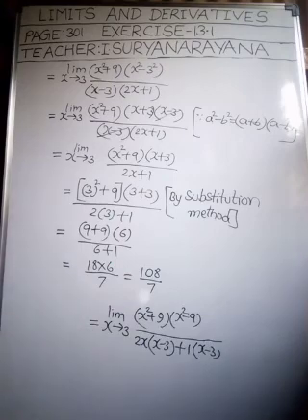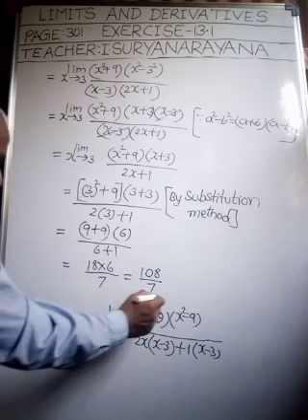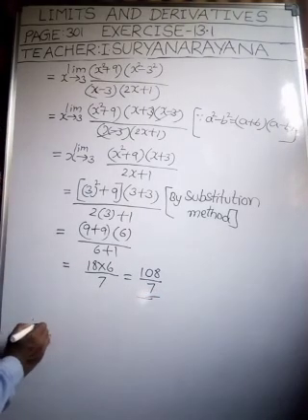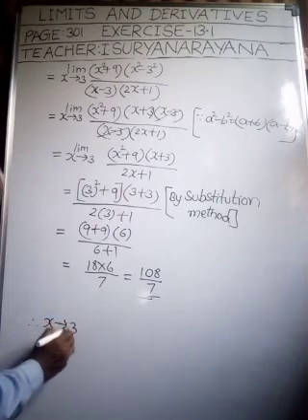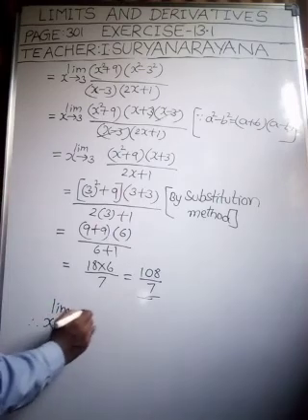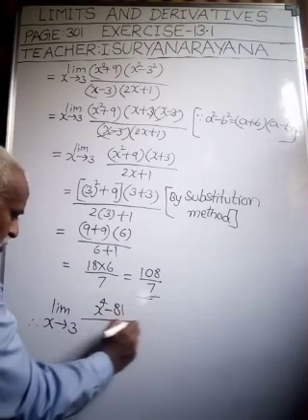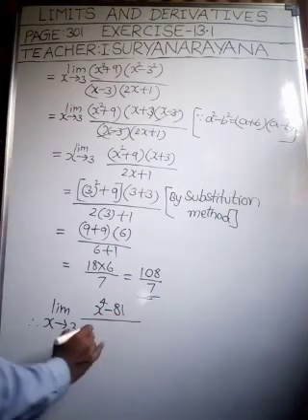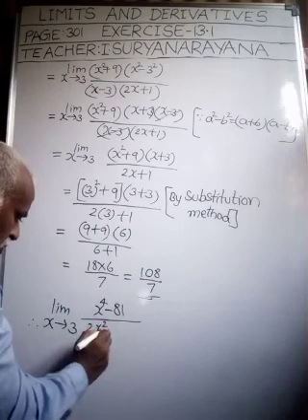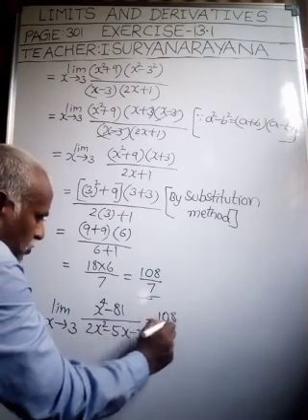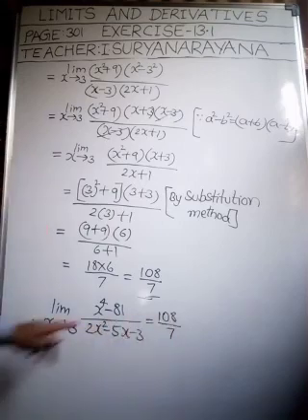Okay, my children? Right. Therefore, as x tends to 3, limit of (x⁴ minus 81) by (2x² minus 5x minus 3) is equal to 108 by 7.